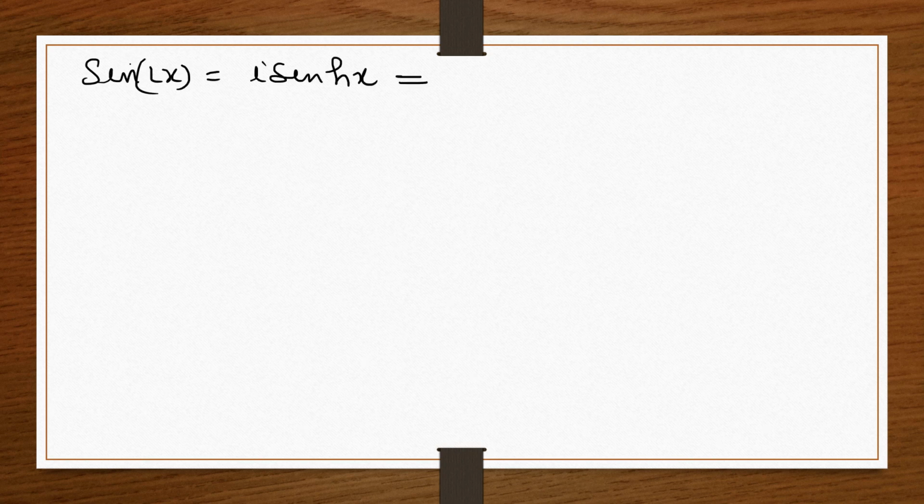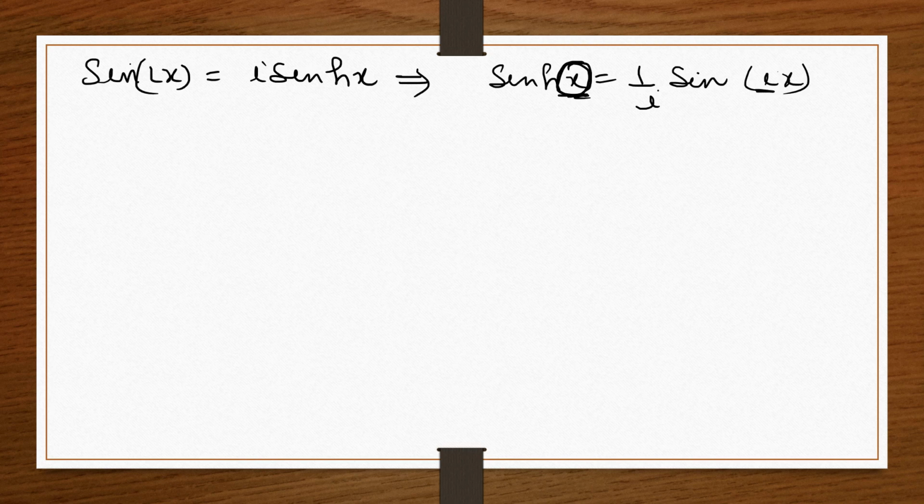From here you can see sine hyperbolic x will be 1 by iota sine iota x, means whatever you are taking here, you need to multiply this thing with iota, and along with that you have to multiply with 1 by iota, right? So this is something we are going to use in further questions.